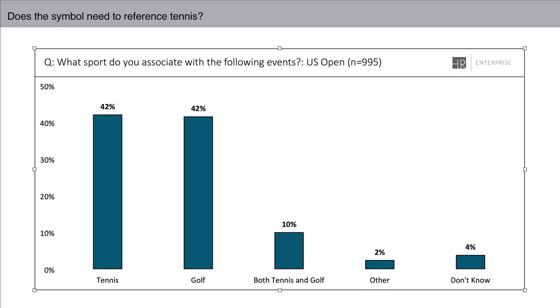That truly gave us a sense and pointed us in the direction that we absolutely have to have a nod to the sport. If somebody buys a t-shirt at the US Open with the logo on it, and then goes out into the world, and it has no nod to the sport, then it did nothing. You can see that that's a case where research really helped point us in a direction of what that new thing has to be, and what the criteria for success is here.